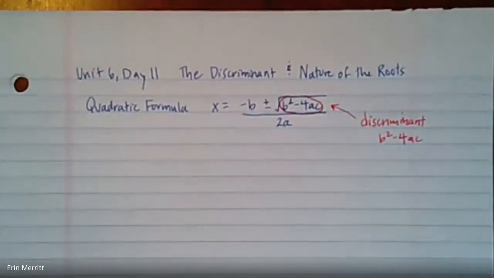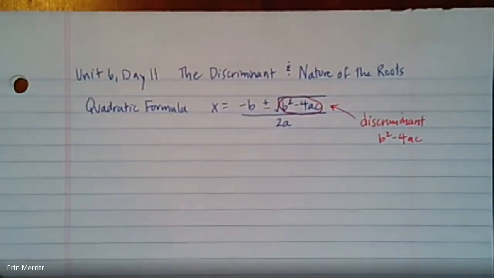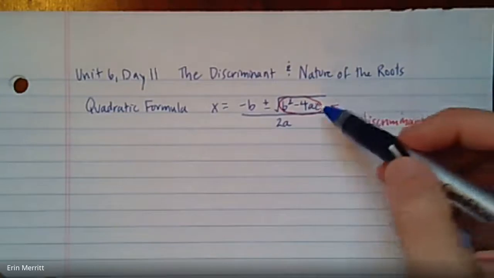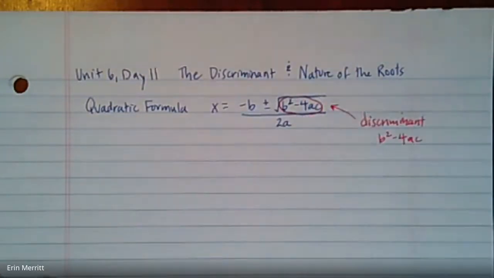So you'll notice that the title on today's notes is the discriminant and the nature of the roots, which sounds kind of fancy, but it's not that fancy, right? What we're going to look at is, depending on what kind of value you get underneath the radical, that tells you what type of roots you'll end up with.